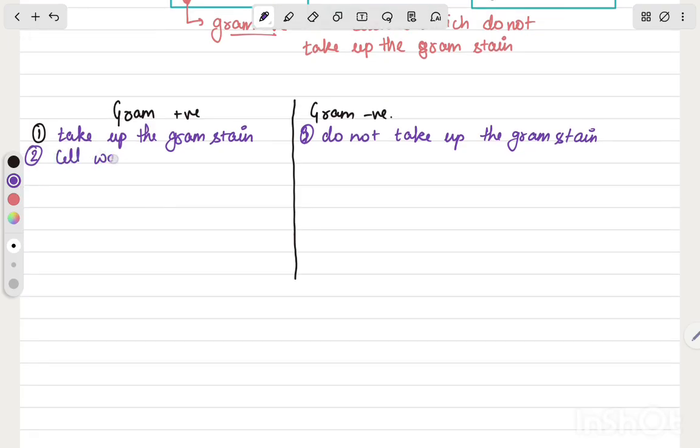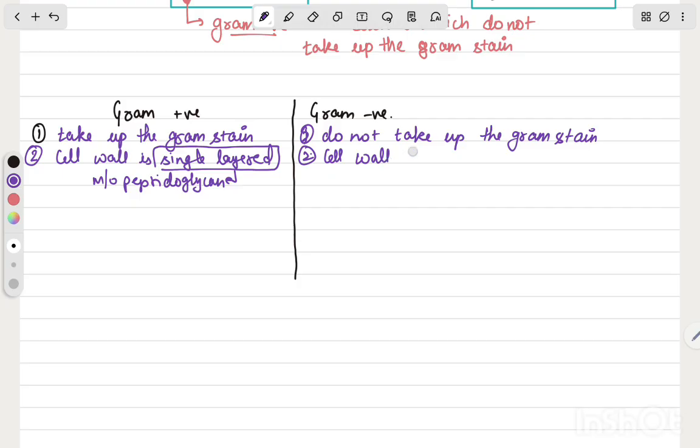the cell wall is single layered, and this single layered cell wall is made up of peptidoglycan, while in gram negative bacteria the cell wall is bilayered, meaning made up of two layers.